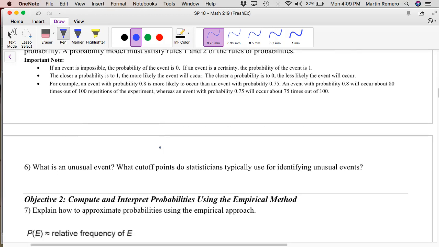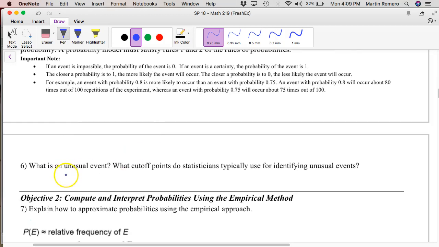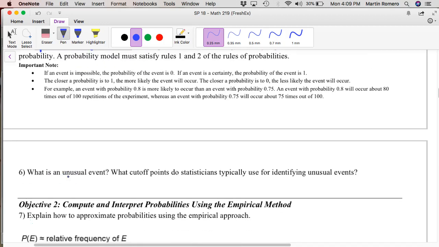Another important distinction is something we call an unusual event. When we're talking about probabilities, we're curious to know if an event is unusual. What is an unusual event? It has a low chance of occurring, or low probability of occurring.